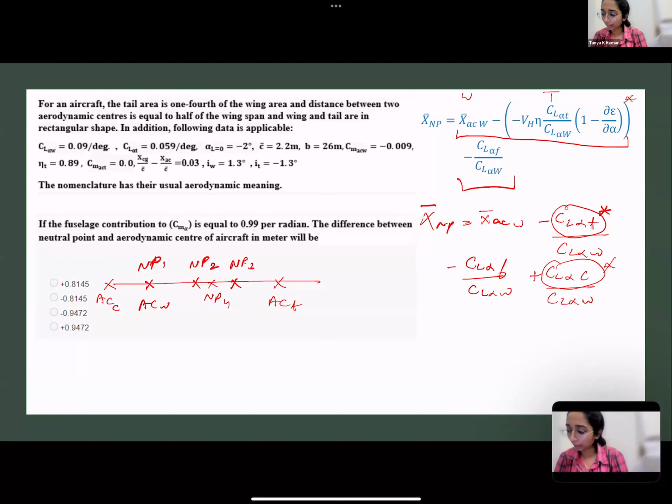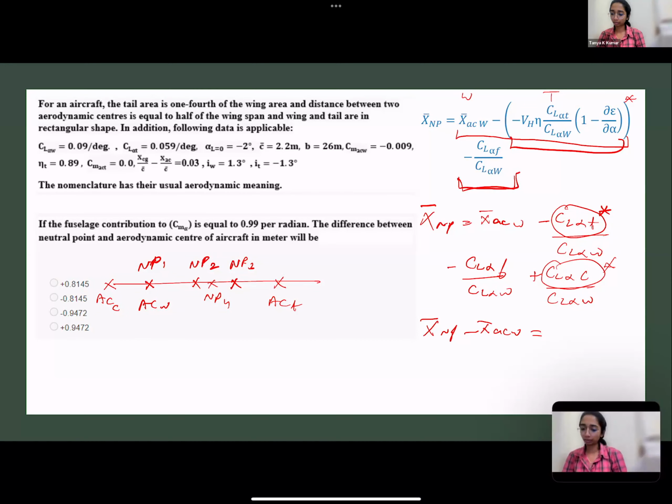Can you just plug in the values and tell me what X bar NP minus X bar AC wing would be? This quantity and this quantity. Just plug in the values and tell me.